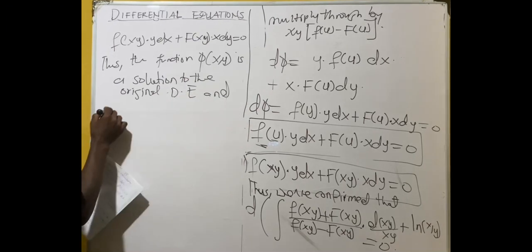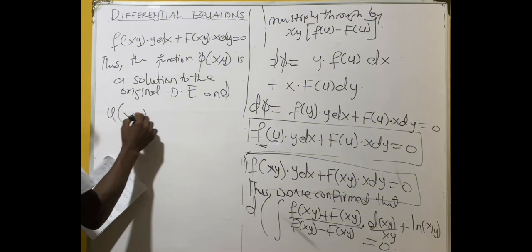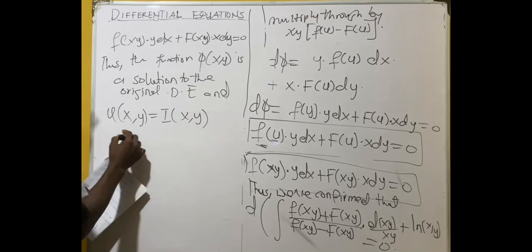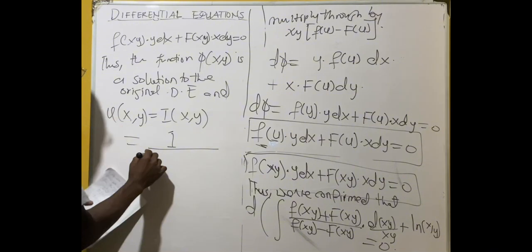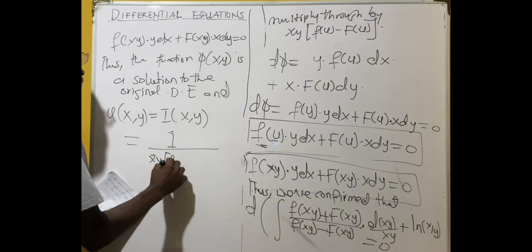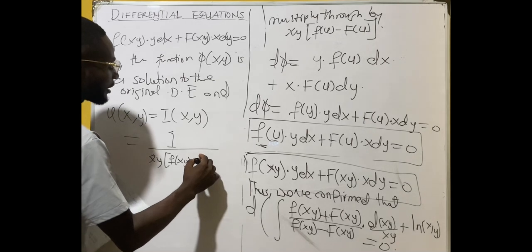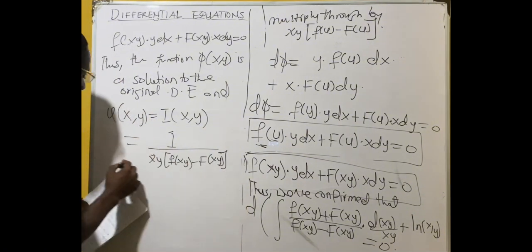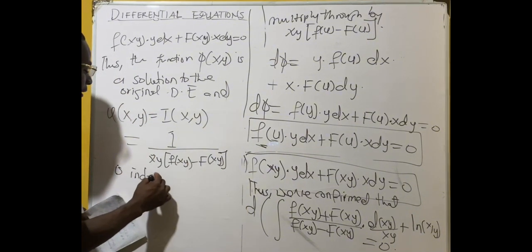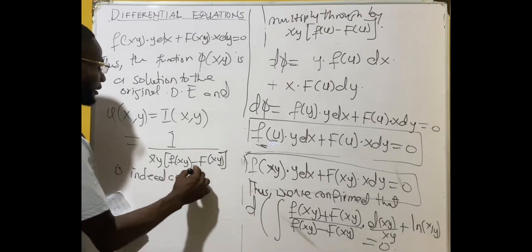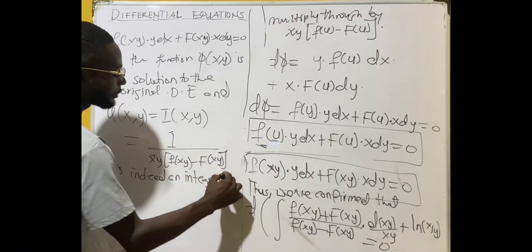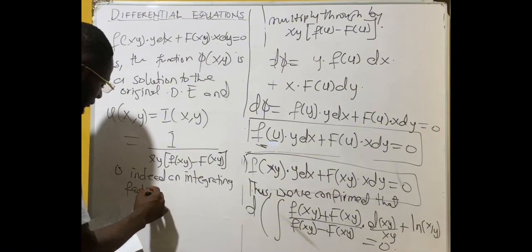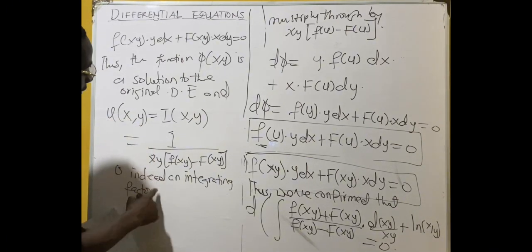And we can boldly say that mu of x, y, or I of x, y, equals 1 over xy into small f of xy minus big F of xy, is indeed an integrating factor. It's indeed an integrating factor.